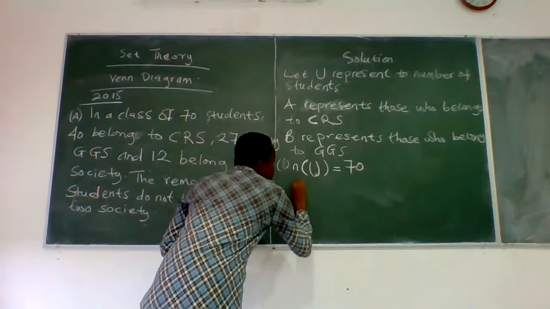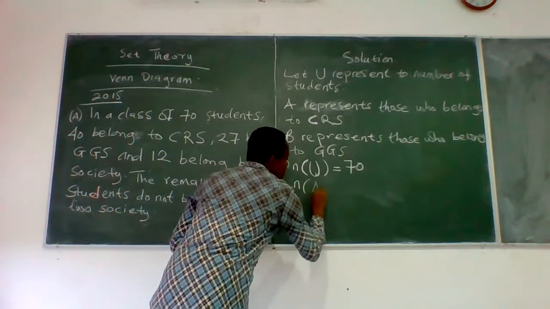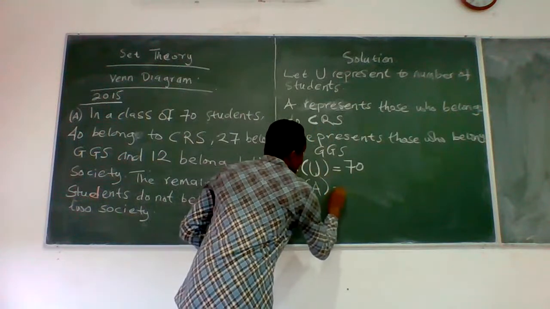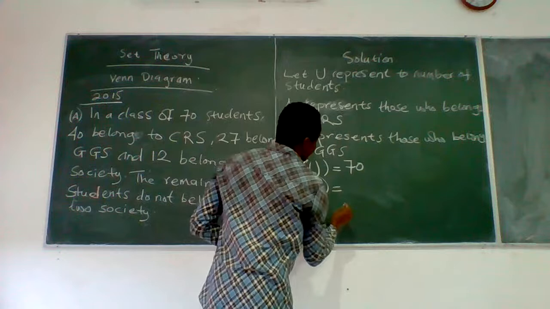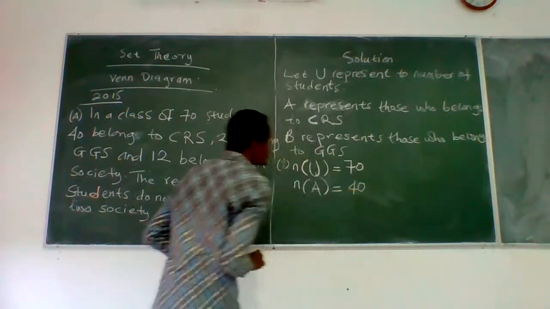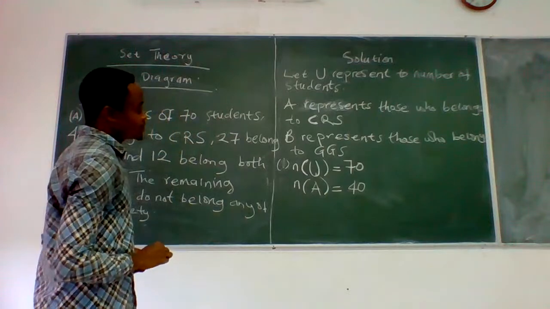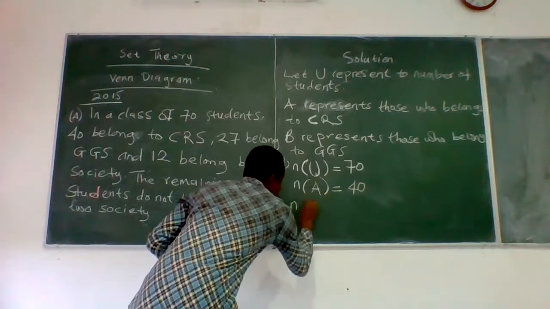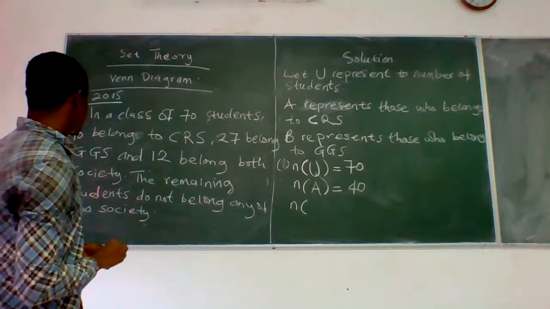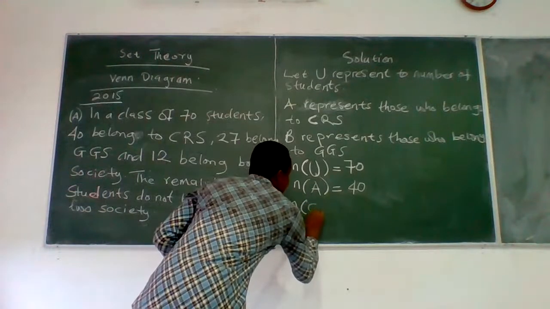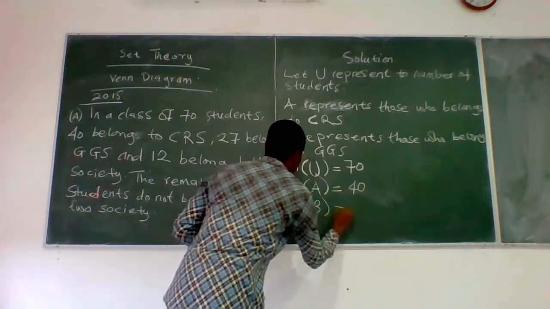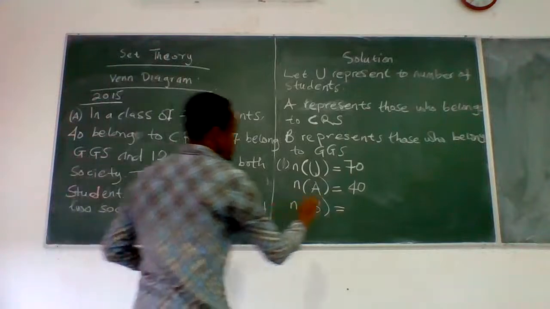And then the total number of students that belong to CRS is 40, so we have n(A) equal to 40. And then the total number of students that belong to GGS, we use B to represent that, so we have n(B) equal to 27.